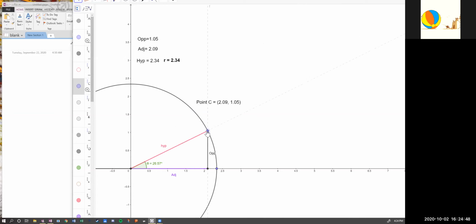At this location, we have an x value of 2.09, a y value of 1.05. Well, notice that's the same as our opposite and adjacent lengths. This opposite length is the y coordinate of that point on the circle. Similarly, this adjacent length of this triangle, that adjacent length is the x coordinate of that point.